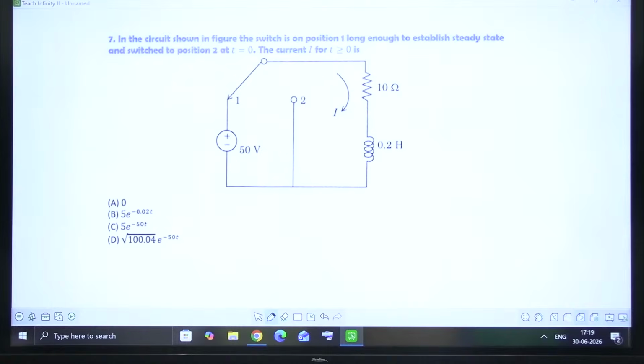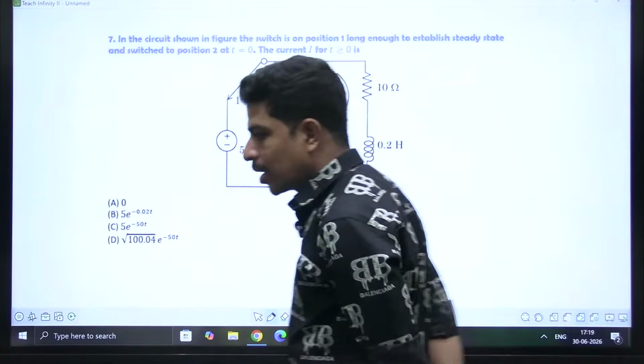If a circuit attains steady state, capacitors will behave as open circuits and inductors will behave as short circuits, right?